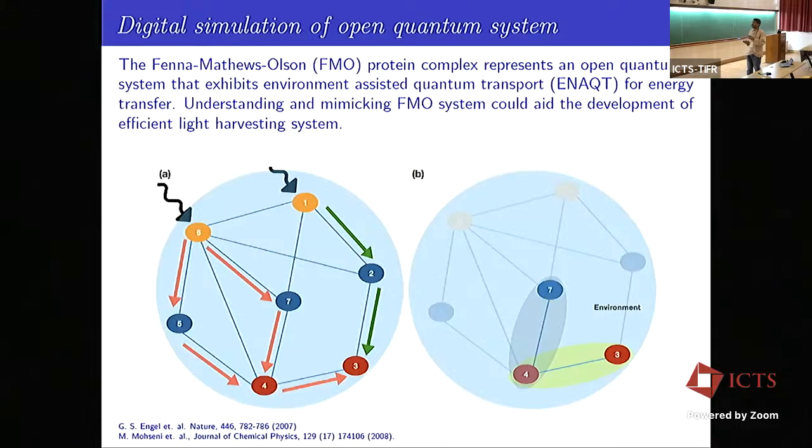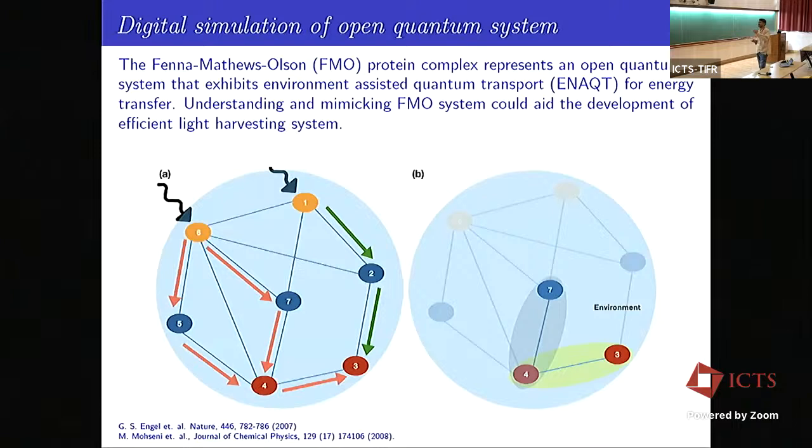But what they talk about is that there is a directed transport, there is an environment which is affecting the dynamics, which is called the environment-assisted quantum transport model, which describes the dynamics in FMO protein complexes. So there is some photon which falls on a site of the protein, and there is some particular path it takes and reaches the reaction center.